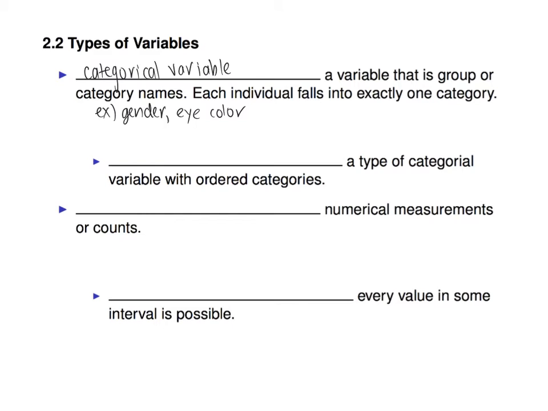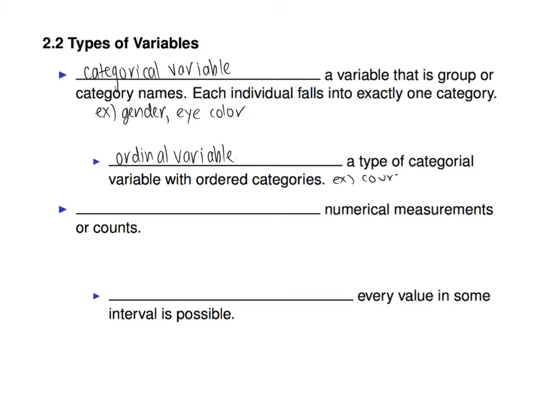A type of categorical variable that has ordered categories is called an ordinal variable. For example, some kind of rating system where you do something like agree, don't care, disagree, like the things you do in course evaluations is an example of an ordinal variable.